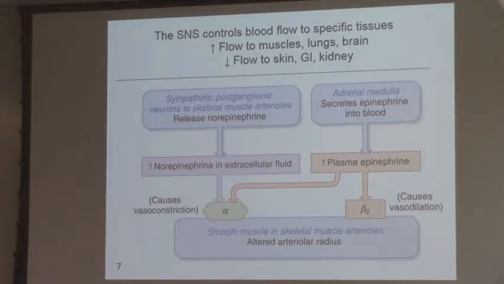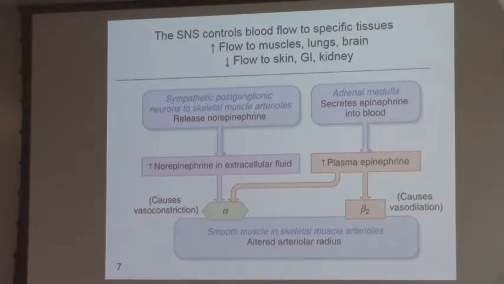Epinephrine, released from the adrenal medulla, is a hormone of the sympathetic nervous system, and it activates both alpha and beta adrenergic receptors, two different subtypes of adrenergic receptors. Activation of the alpha receptor causes vasoconstriction.